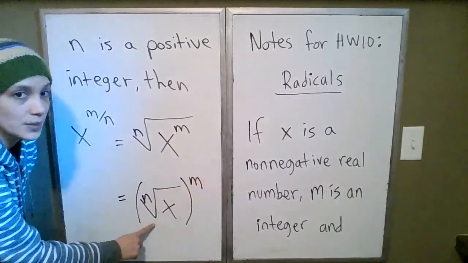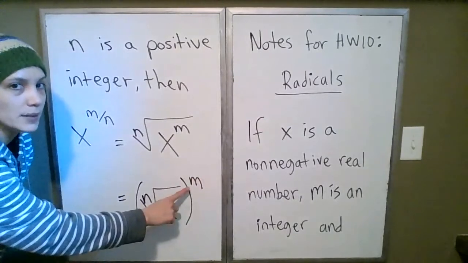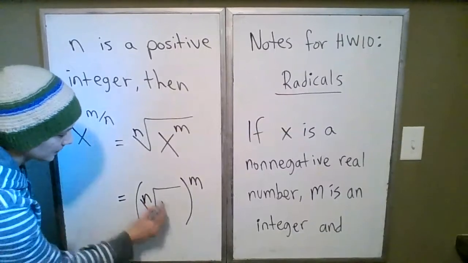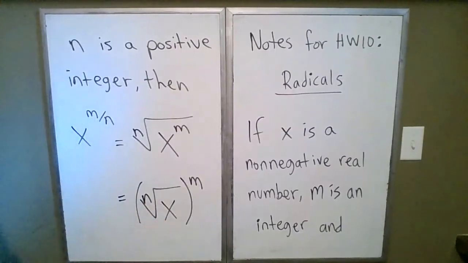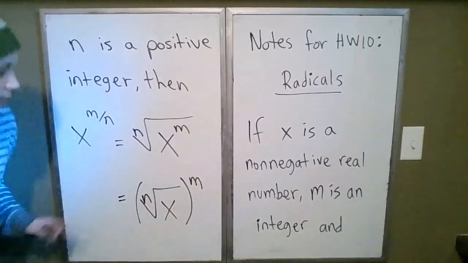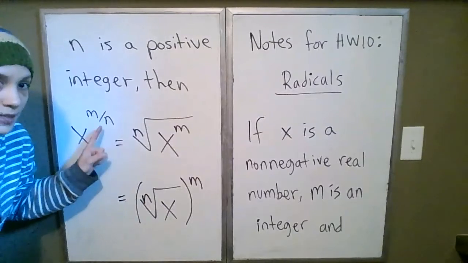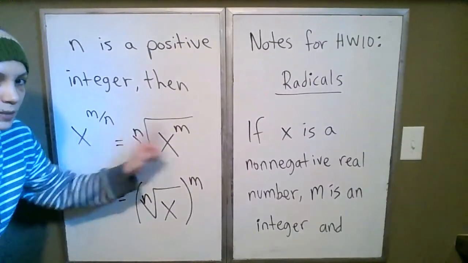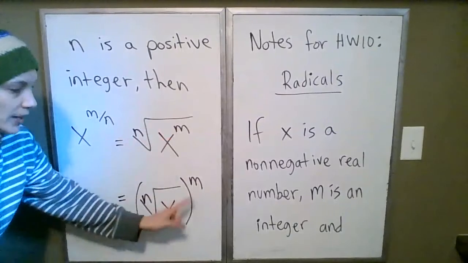So this is the nth root of x to the power m. So again, the denominator is always going to be the root either way, but the numerator can be the power under the root or the power outside of the root.